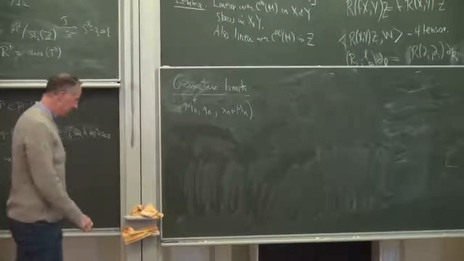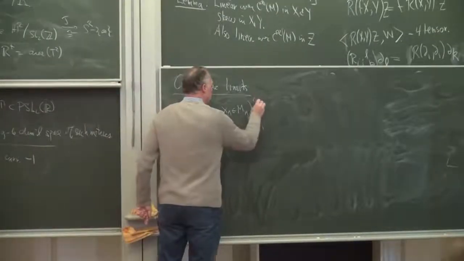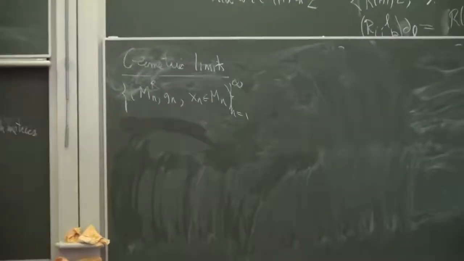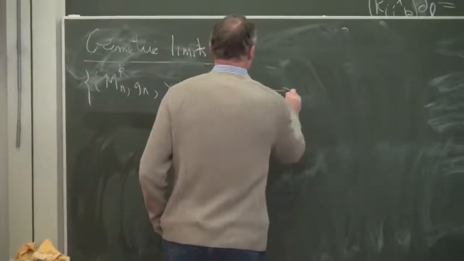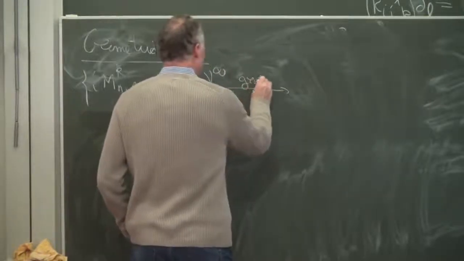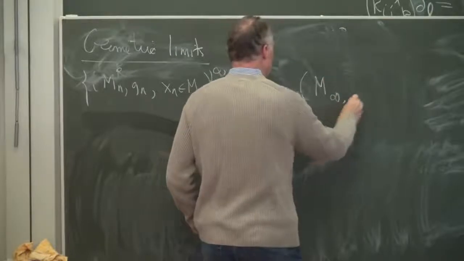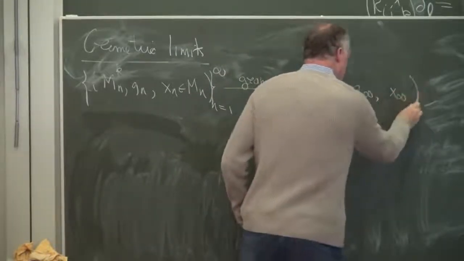Dimension is K, and the sequence is indexed by n. So I have a collection of based Riemannian manifolds. I want to define the notion of this sequence converging geometrically to a limiting manifold with a limiting Riemannian metric and a limiting base point.